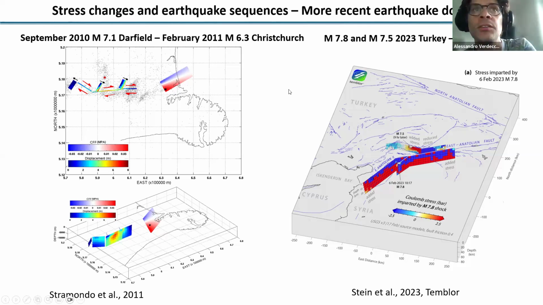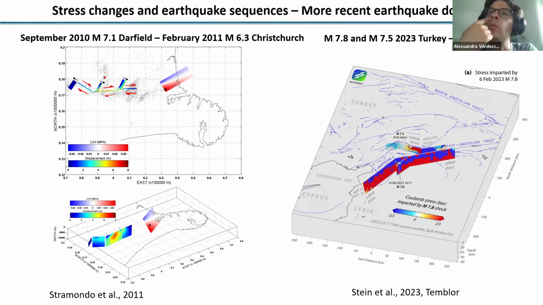One thing that you may notice, if you look at the magnitude of these stress changes, either in megapascal or in bar, is that those magnitudes are very small. In this case, we talk about 0.03 megapascal, so 0.3 bars. In this case, we talk again about 2.5 bars, so a similar magnitude more or less.